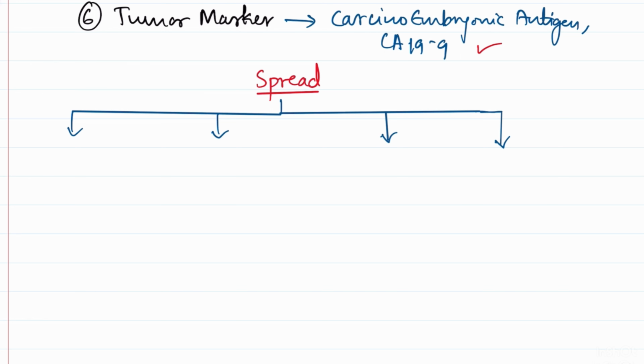Now we move to the spread of tumors. Tumors can spread. This is common to all the invasive carcinomas. There can be a direct spread that involves the tissue or cells around the tumor cells. Then there is a lymphatic spread, and there could be a hematogenous spread, through the veins and arteries, predominantly the veins.